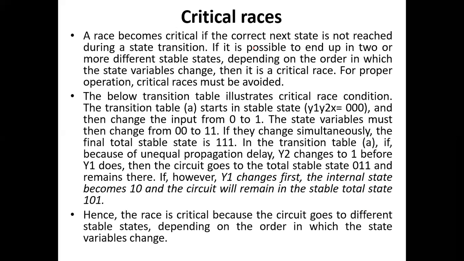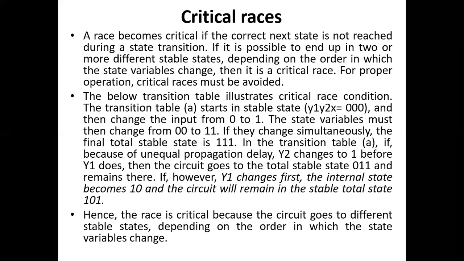The transition table starts in the stable state y1, y2 and x equal to 0, 0, and then the input changes from 0 to 1. The state variables must then change from 00 to 11. If they change simultaneously, the final total stable state is 111.